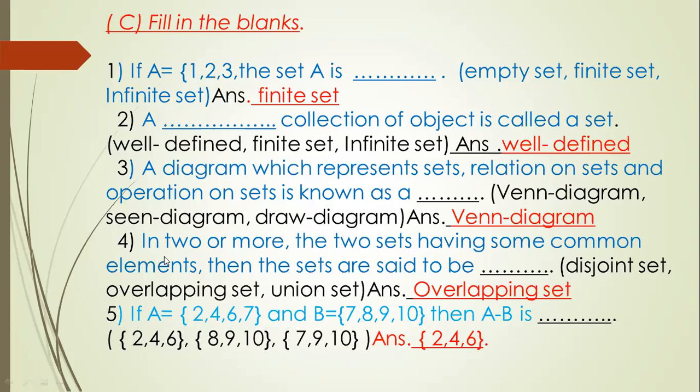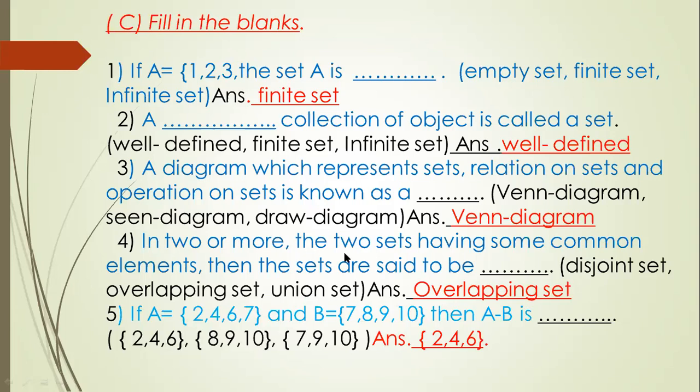Two or more sets having the same common elements, then the sets are said to be dash. If there is a common element, then what will that be? Disjoint sets, overlapping sets, union sets. Its answer is overlapping sets.